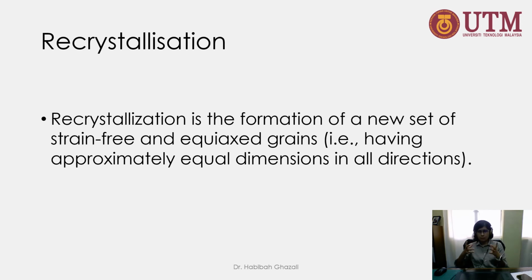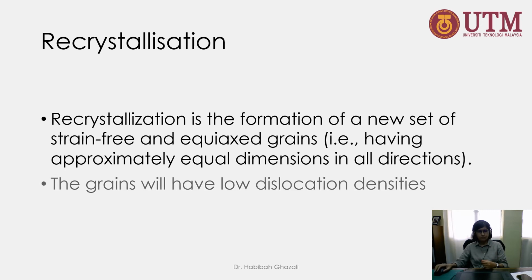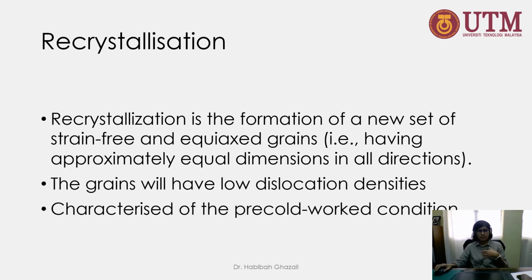So the grains formed by the end of this recrystallization process will have approximately equal dimension in all directions. And the grains will also have low dislocation density, and the grain shape will be the same as the one before we conduct plastic deformation or forming process.